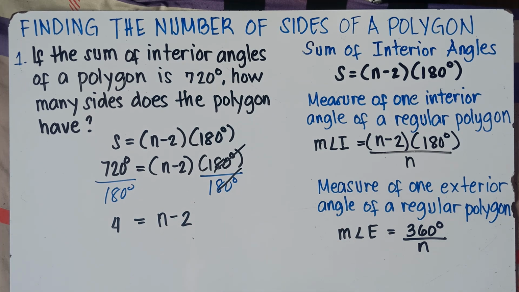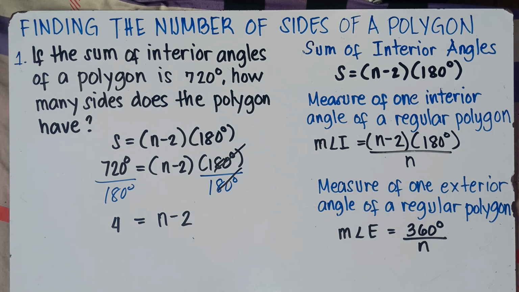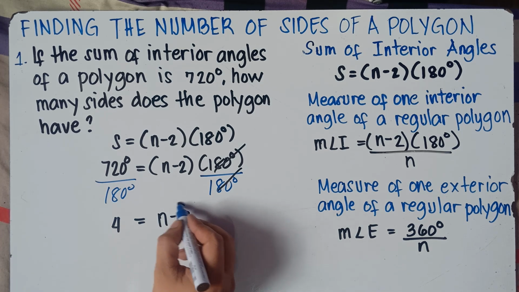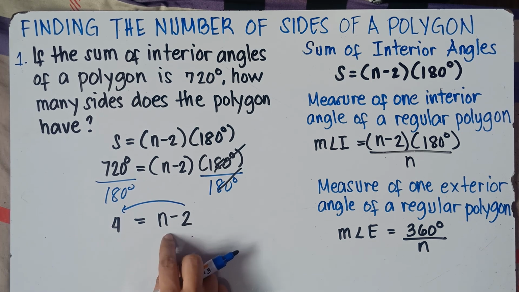To get the value of n, simply transpose 2 from right to left, and it will change the sign. You can use the properties of equality, but many students get confused with those, so let's have two solutions. First, simply transpose the 2 from right to left, so that the remaining equation will be n.